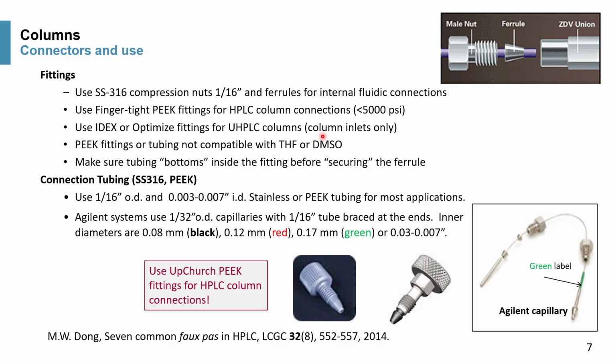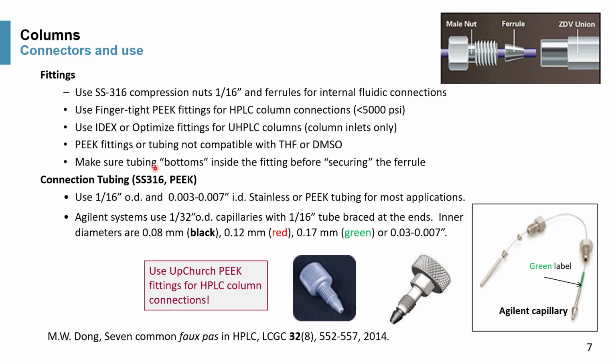One can get very simple fittings for HPLC connection, which support up to 5,000 psi. For UHPLC columns, similar fittings should be used from IDEX or optimized fittings. We talk about that a little later. And that should be used for the column inlet only. For the outlet, an inexpensive HPLC fitting is sufficient. Note that PEEK fittings and PEEK tubing are not compatible with THF or DMSO.